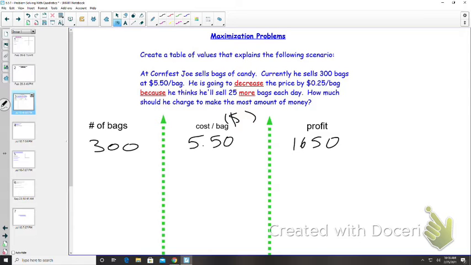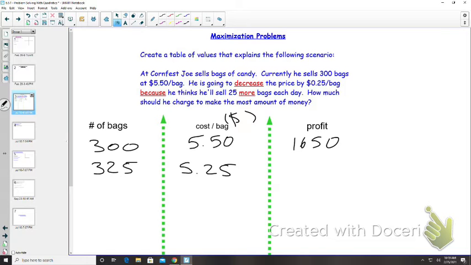So the number of bags is going up and the cost of the bags is going down. Increasing the bags by 25 gives us 325, and decreasing the cost by a quarter gives us $5.25.